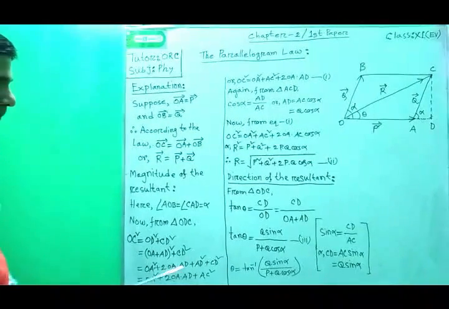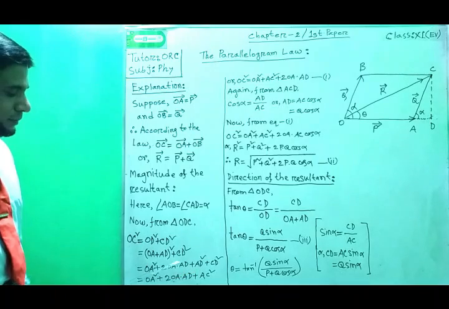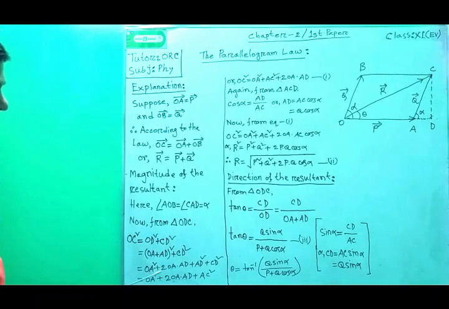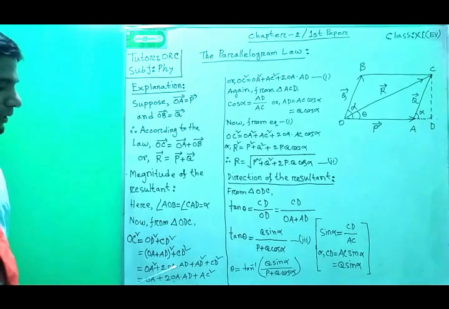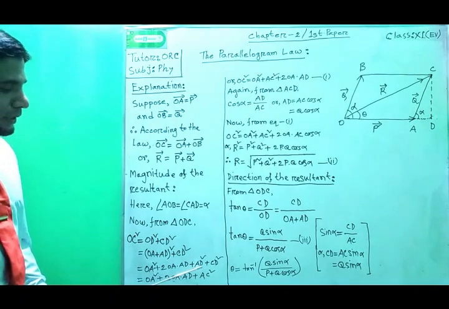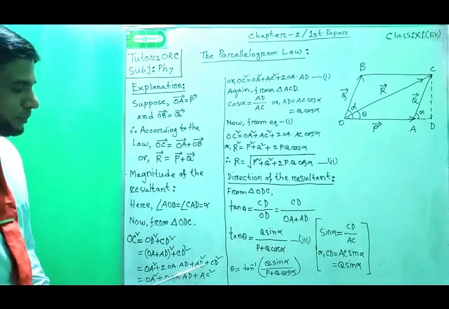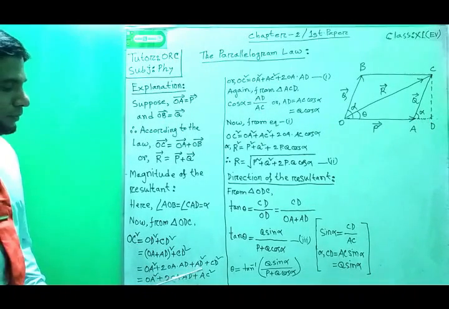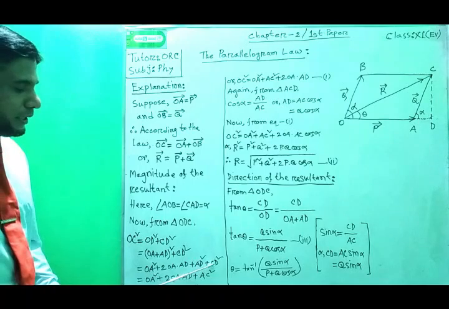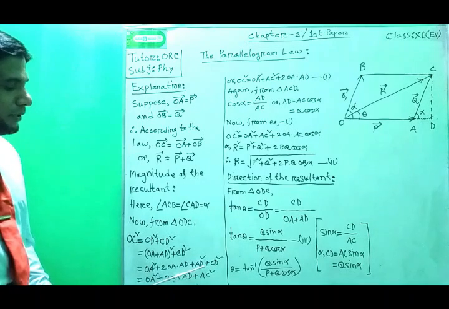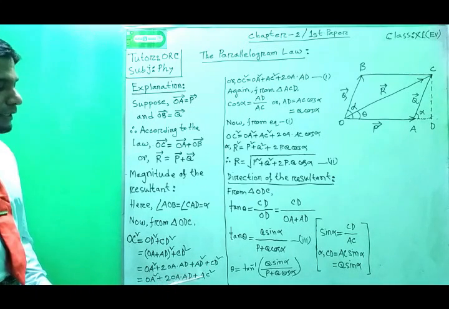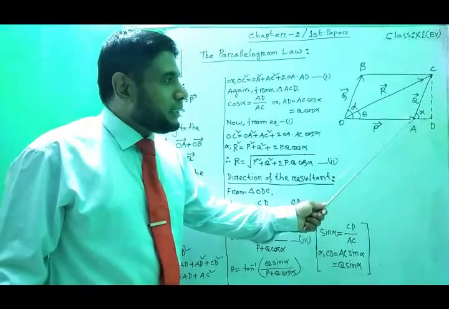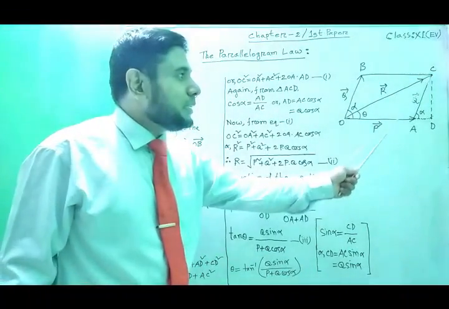After that, you can see AD square plus CD square. In place of AD square plus CD square, we can use another side from the other right angle triangle ACD.